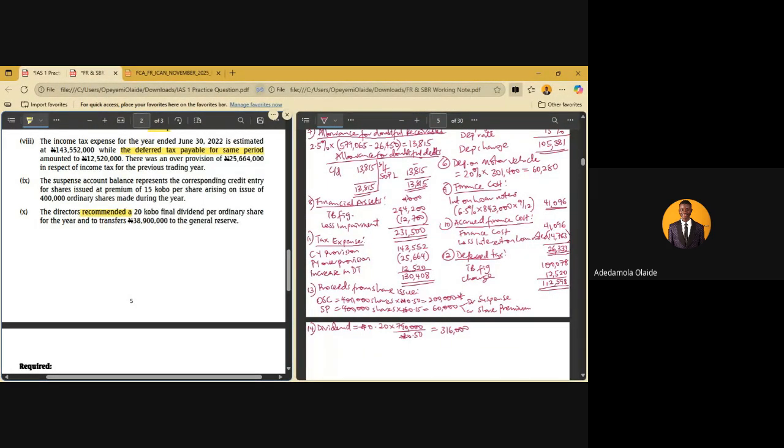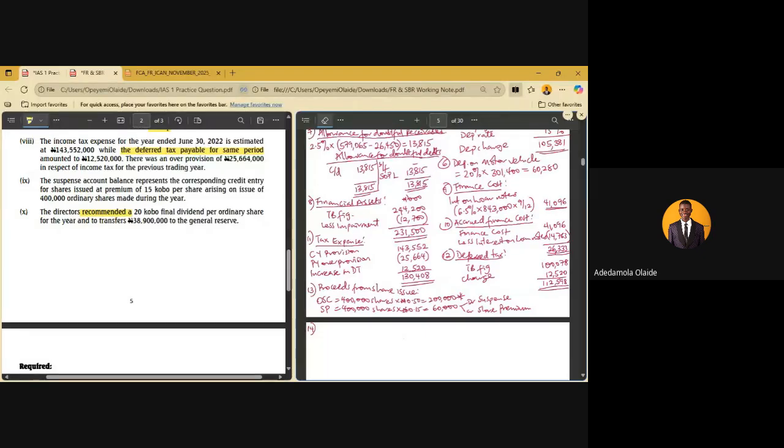And don't forget, IAS 10, events after reporting period, explicitly states that a proposed dividend is not to be recognized in the books of accounts. So this dividend, we are not bringing it into our books at all because it is a proposed dividend.